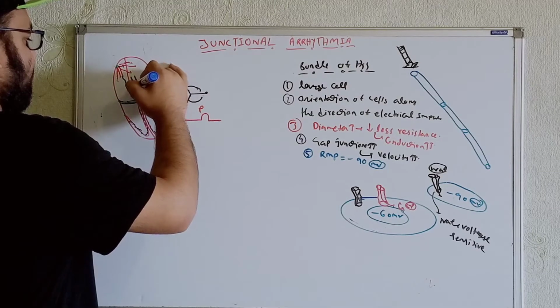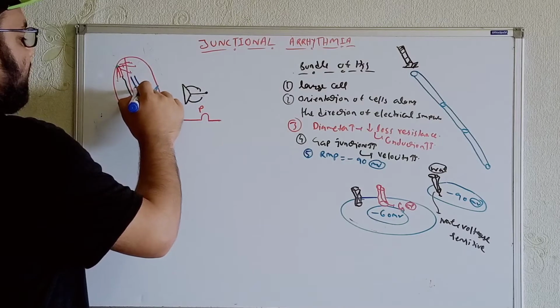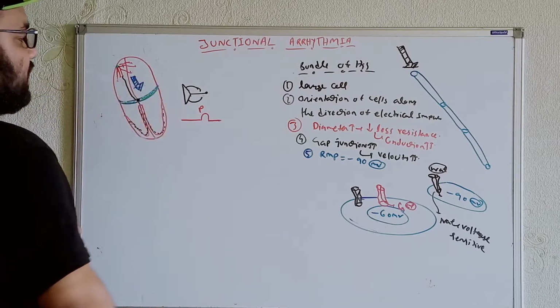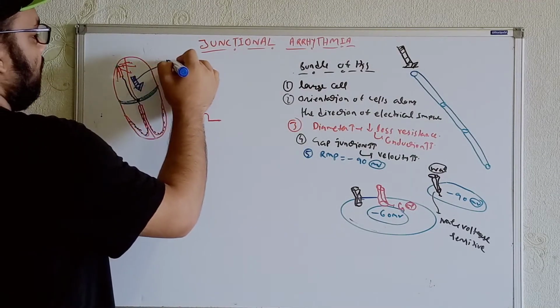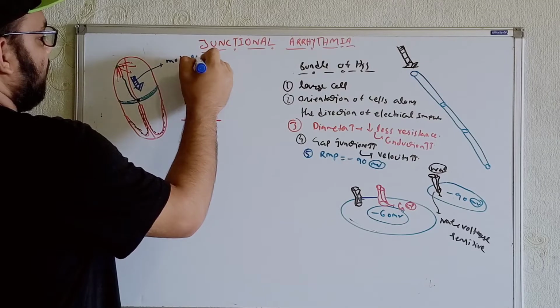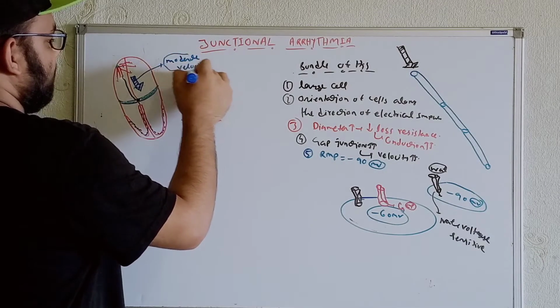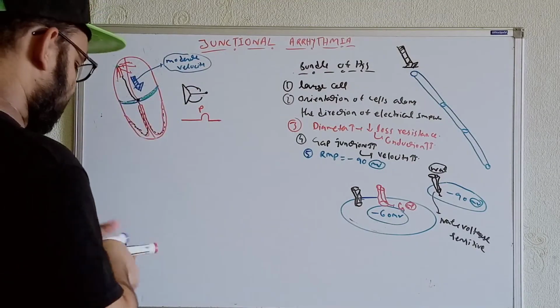During the atrial contractions or atrial depolarizations, we got a vector with a moderate velocity, so the magnitude of the vector is moderate. Now let's draw this part, then it will be more clear for you guys.